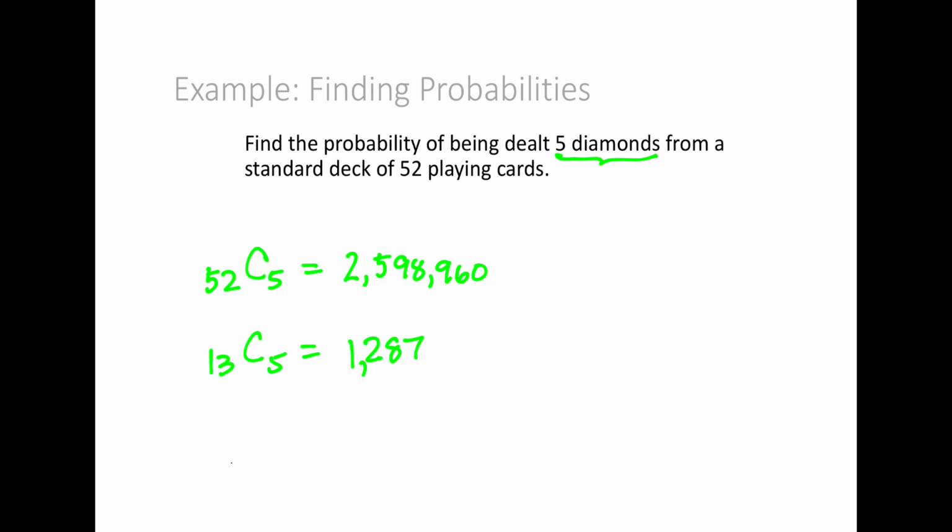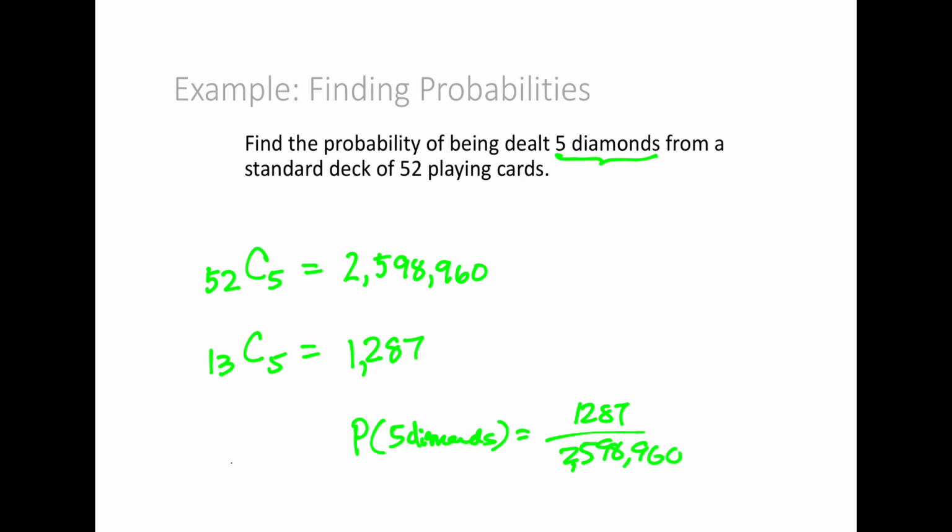So the probability of getting 5 diamonds in a hand would be 1,287 over 2,598,960.